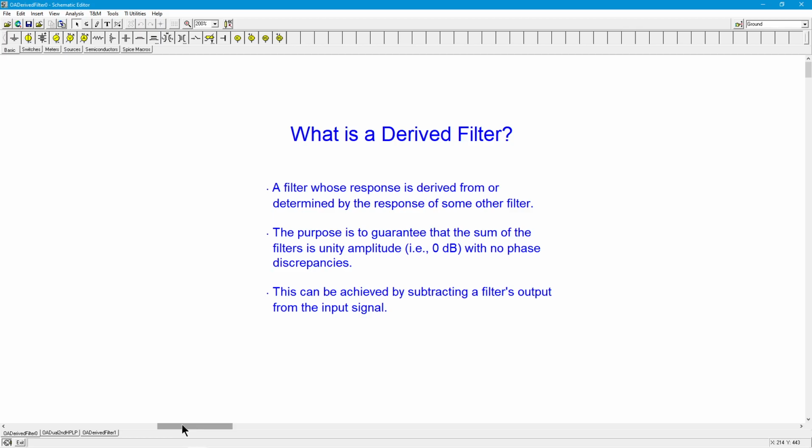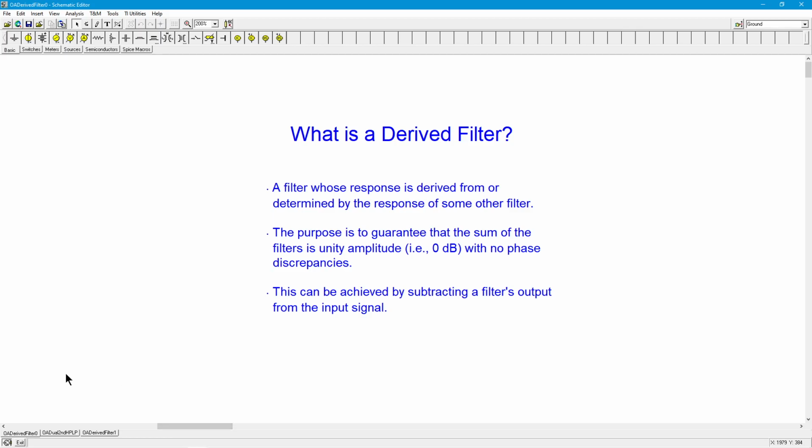If you do this correctly, you can guarantee that the amplitude across the spectrum will be even, in other words, 0 dB or unity, and there'll be no funky business going on with the phase, right? No phase discrepancies. Basic idea is you subtract this original filter, let's call it the reference filter, you subtract that output from the input signal. And you can do that with a simple differential amplifier.